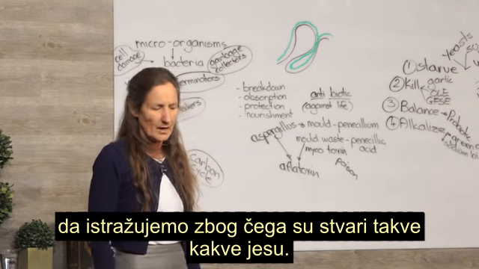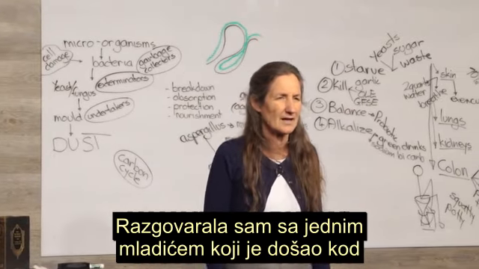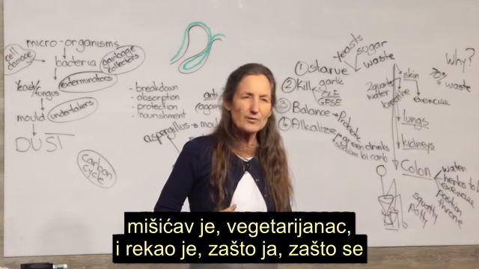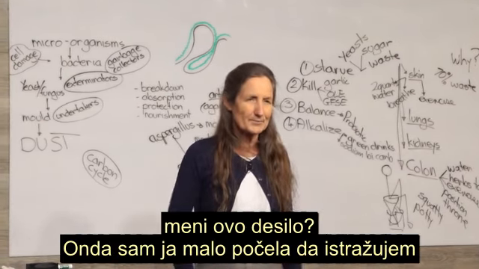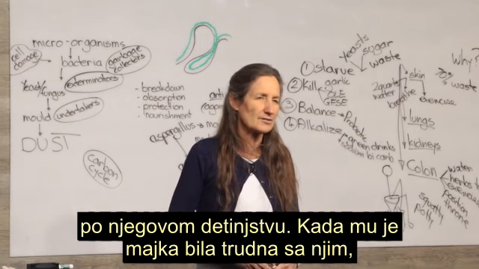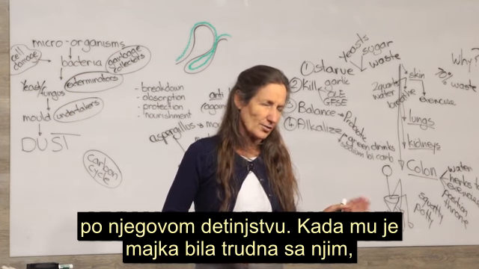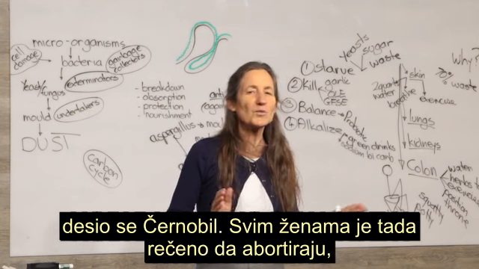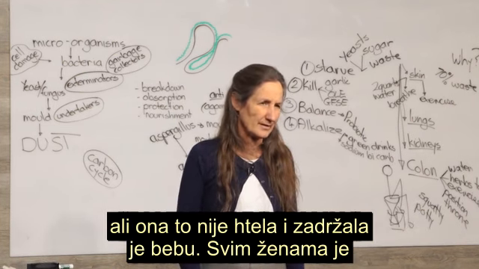I was talking to a young man who came to us with cancer, and he's a fitness guy, very well built, he's a vegetarian. He says, "Why me?" And then I started to investigate a little bit more in his childhood. Chernobyl went down in Europe when his mother was pregnant with him, and all the women were told to abort their babies, but she did not want to abort her baby.